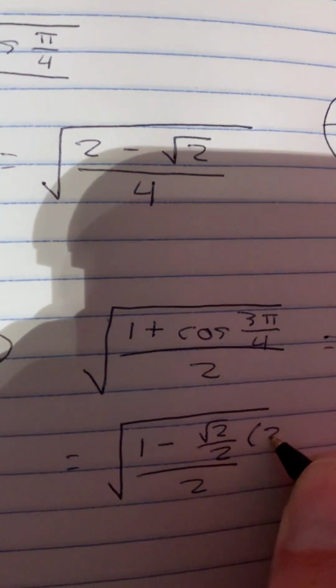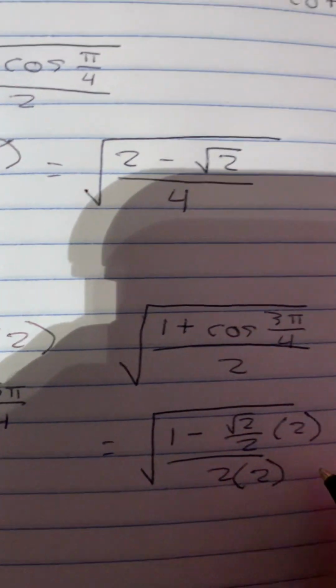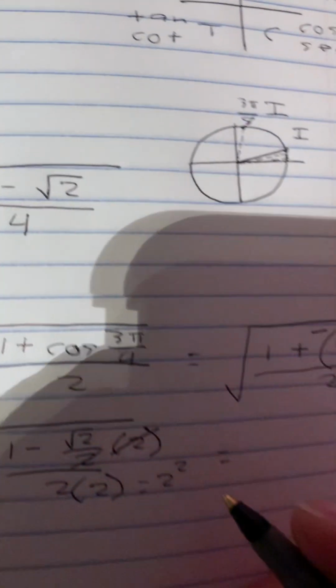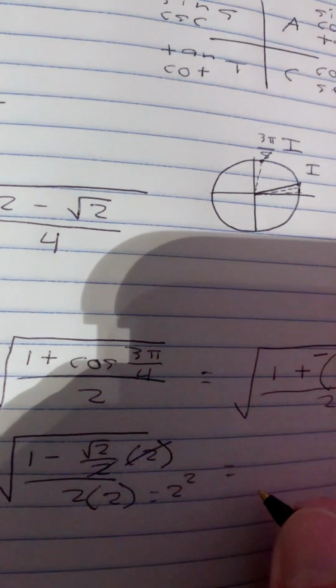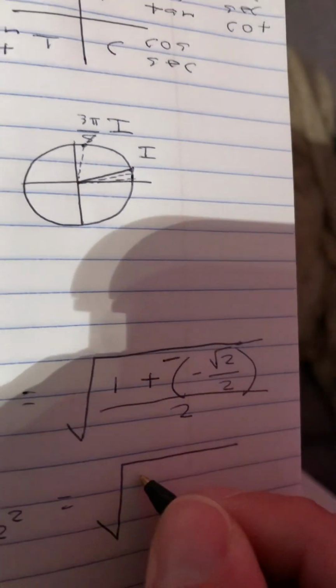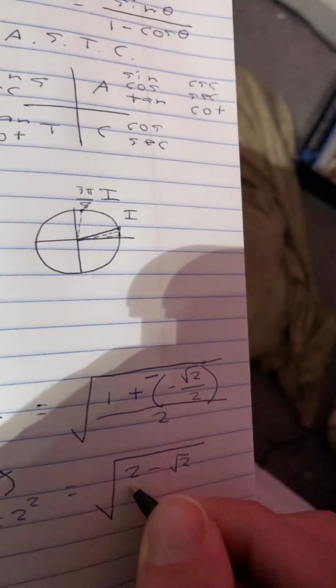Multiply both top and bottom by 2. You can say this is 2 squared, by the way. And then the 2's cancel in the numerator, and we're left with the square root of 2 minus root 2 all over 4.